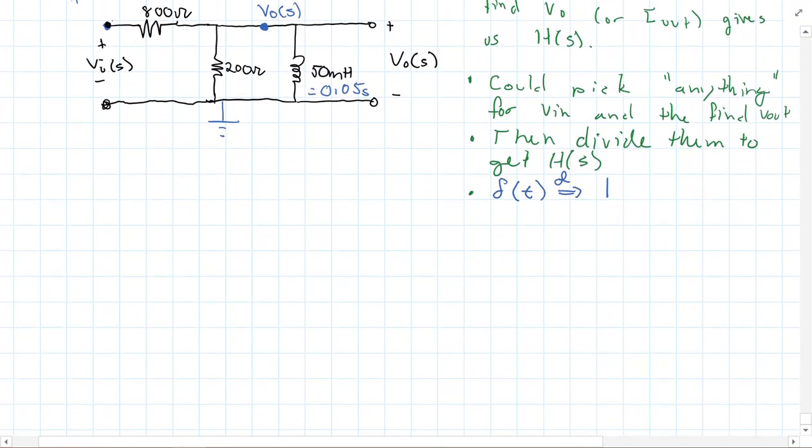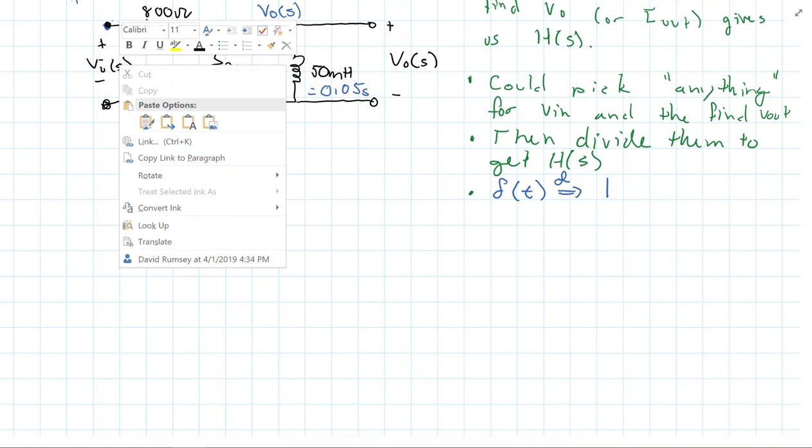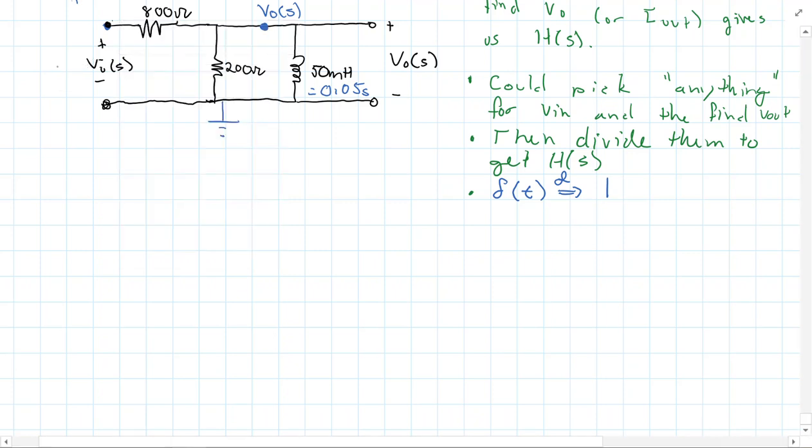So I'm going to write this over here. I'm going to erase this here, and I'm going to put a voltage supply here and give it a voltage of delta t, no numbers in front of the delta t or anything like that.